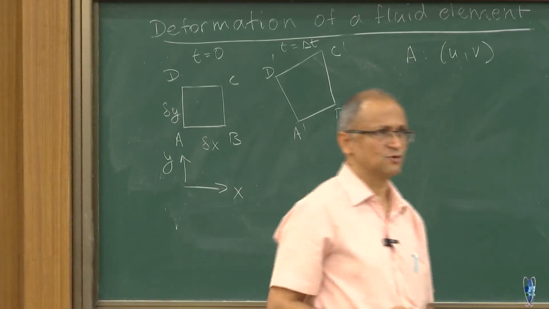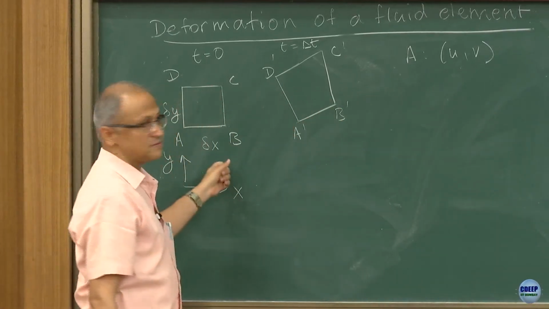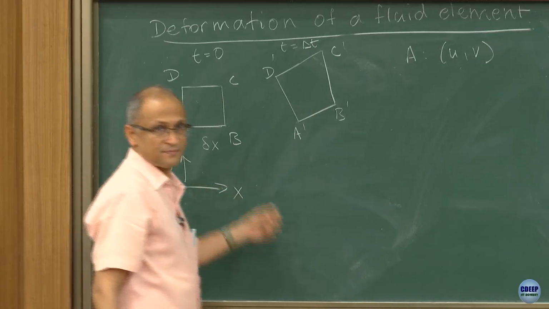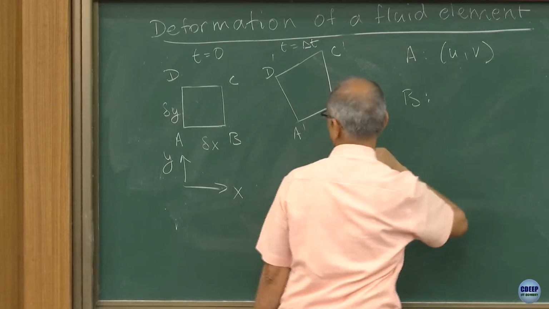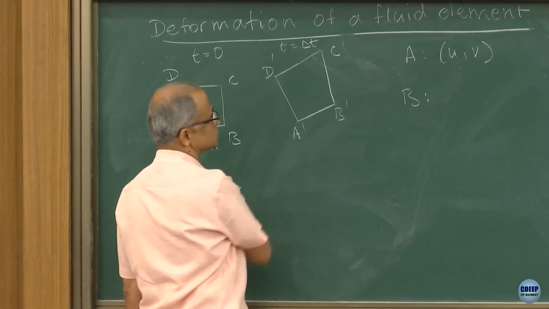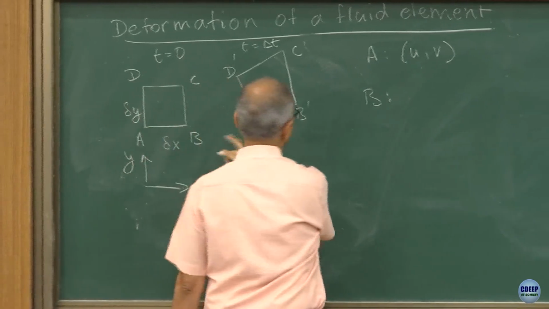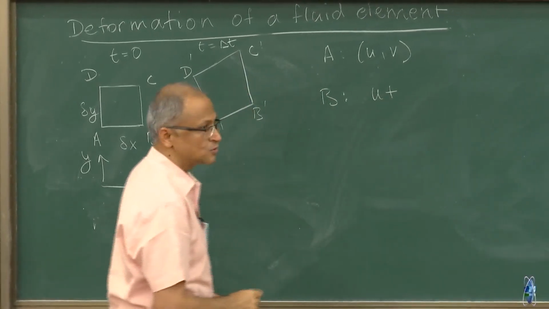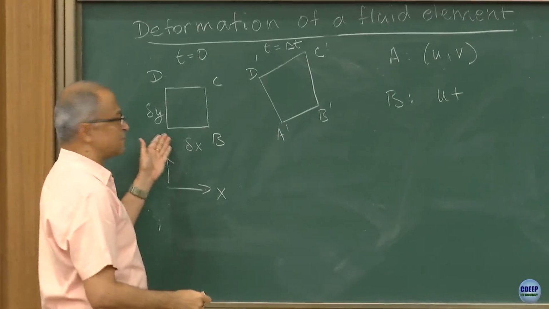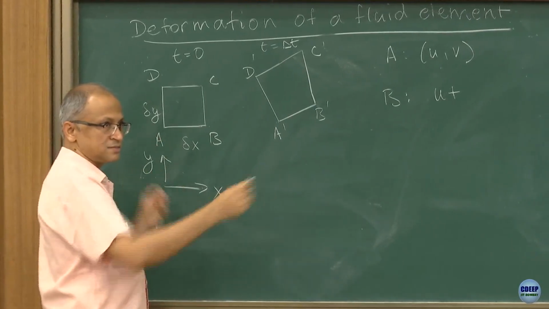So can we say what is the velocity at B? We can use just a Taylor series and say that if the velocity at A is u comma v, then the velocity at B would be whatever is at A. So I'm just going to expand it out about A in a Taylor series.